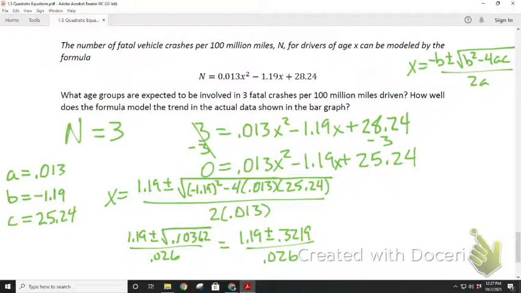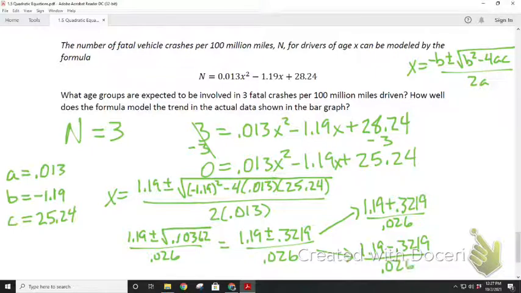And then I'm going to break it into two fractions. If you can do this in your head, go for it, but I'll write it out. So we add 0.3219 and divide by 0.026, and we subtract 0.3219. Remember that plus or minus was just shorthand for two answers.